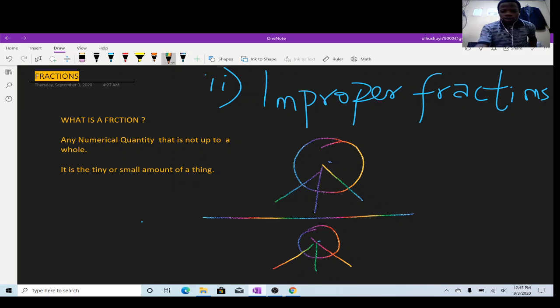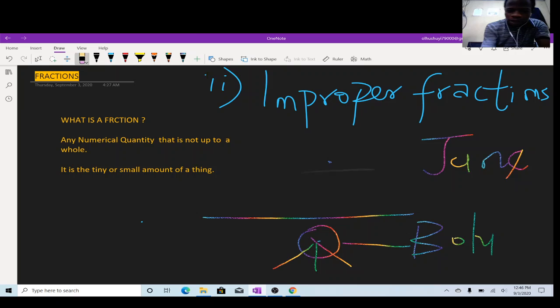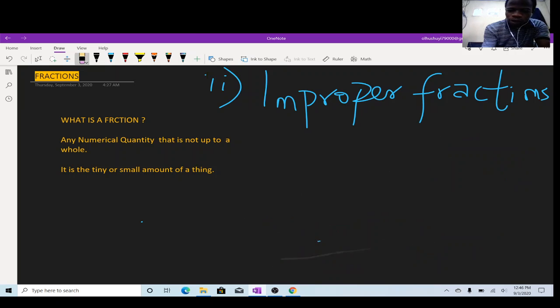Can you imagine this is Jane and this is Bolu? What do you expect? A small Bolu is carrying Jane. There will be problem in the neck. So this is improper arrangement. It is improper fraction. What are the examples? We have examples.